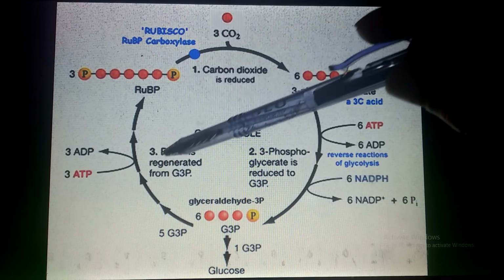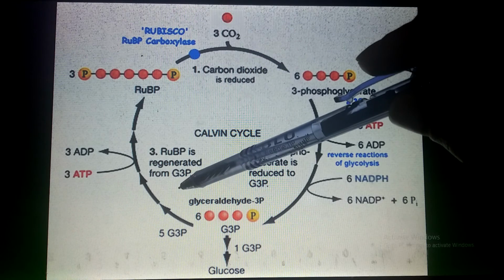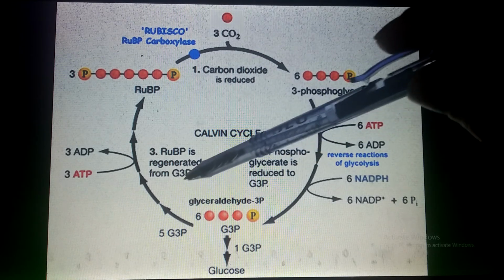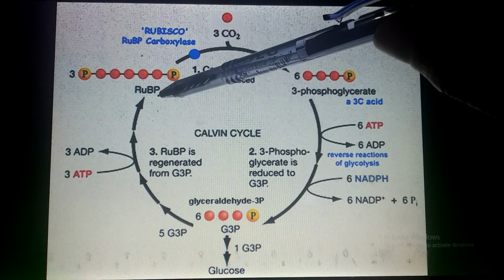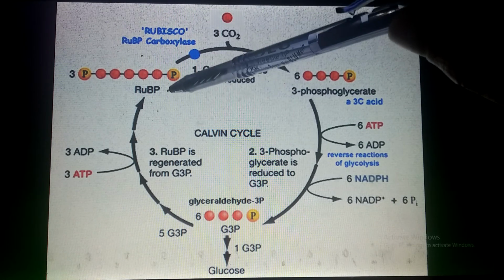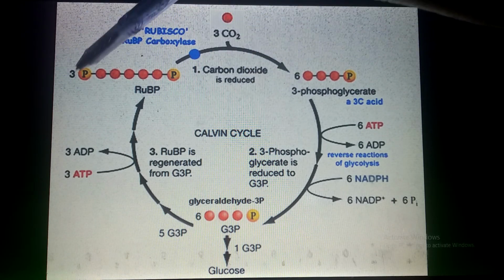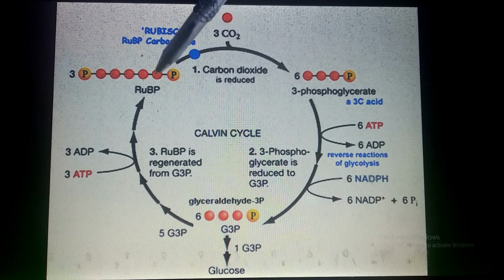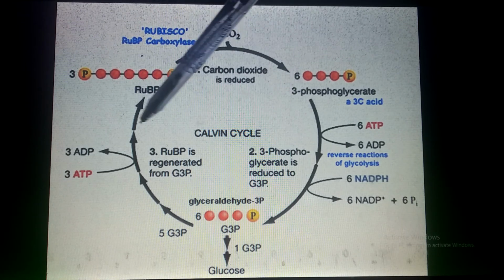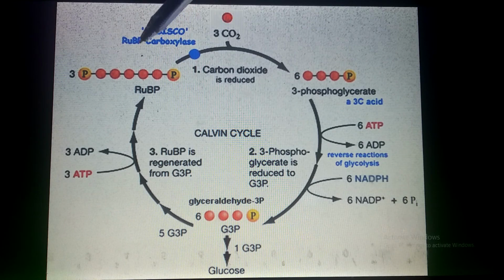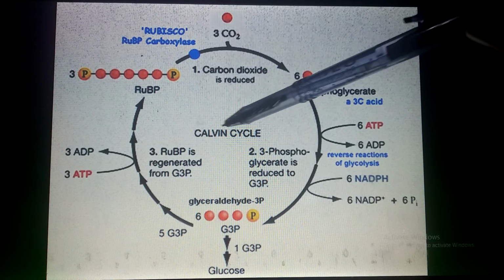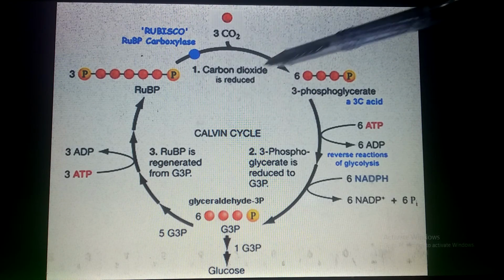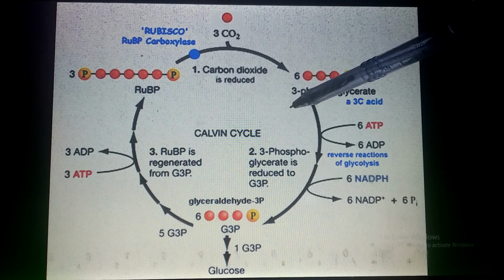RuBP. The 5 molecules of 3 carbon phosphoglyceraldehyde are converted into RuBP, which is 5 carbon, and 3 molecules are produced. 5 3s are 15. So RuBP is regenerated here again. The concept is clear now. Then this again undergoes the Calvin cycle and reacts with other 3 carbon dioxide, and the cycle is repeated again.